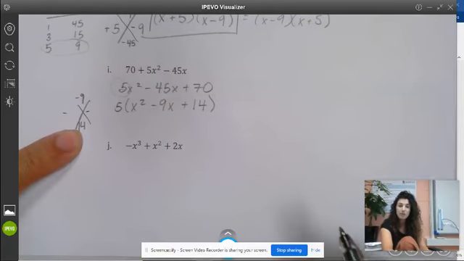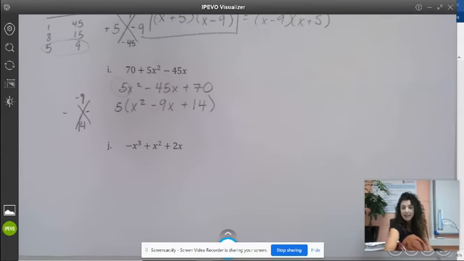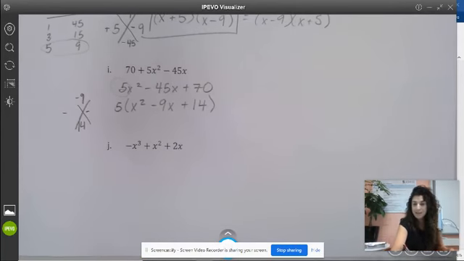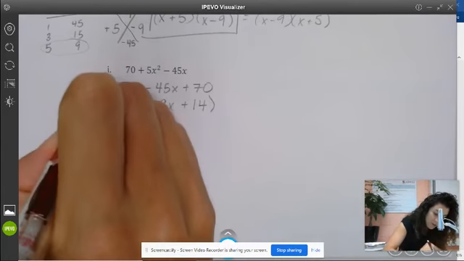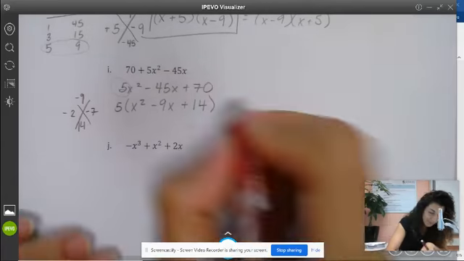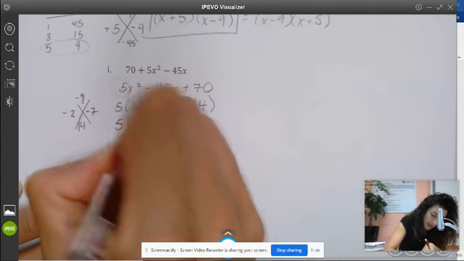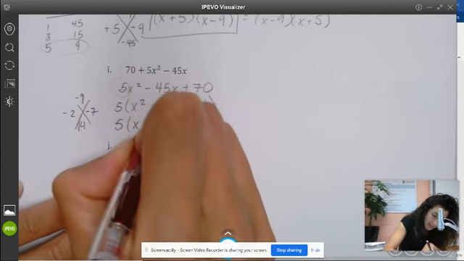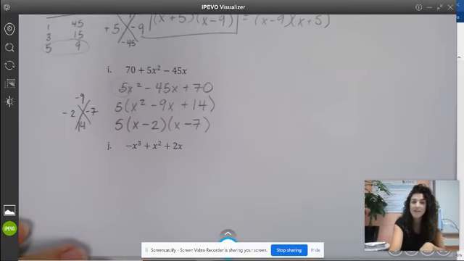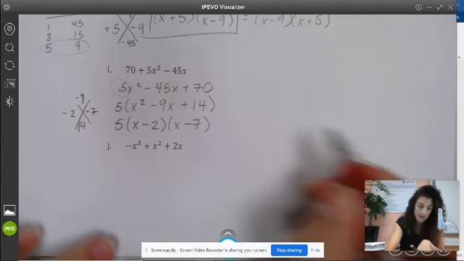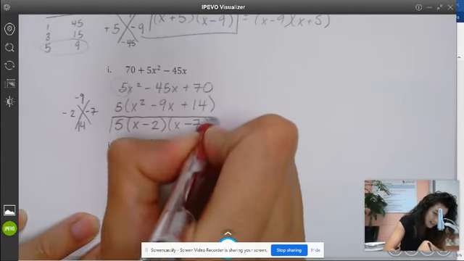So two numbers that multiply to 14 and add to negative 9. If you want to make your list of factors, great, it's going to be negative 2 and negative 7. So we do 5 times x minus 2 times x minus 7. And that is your final answer.